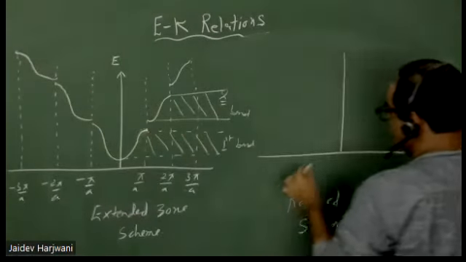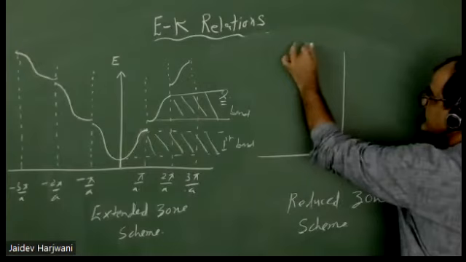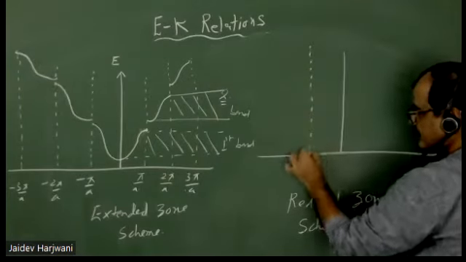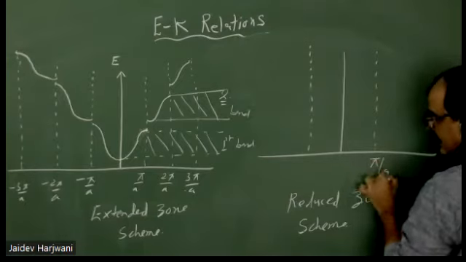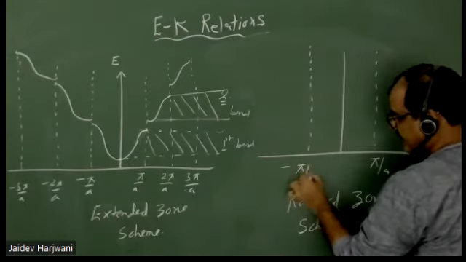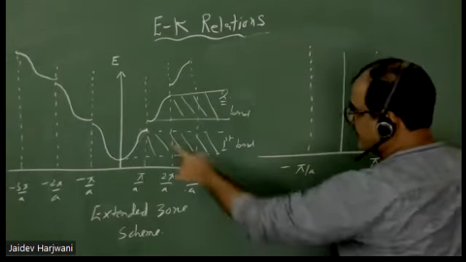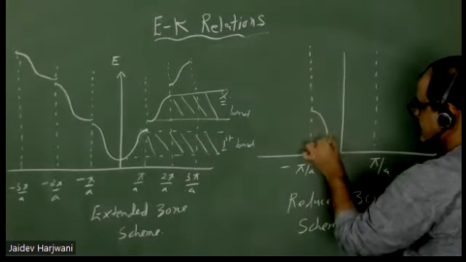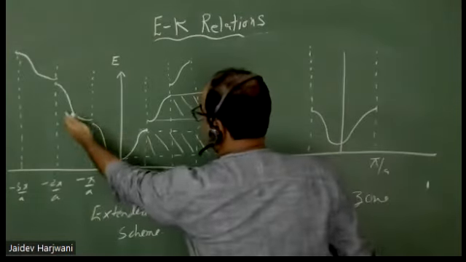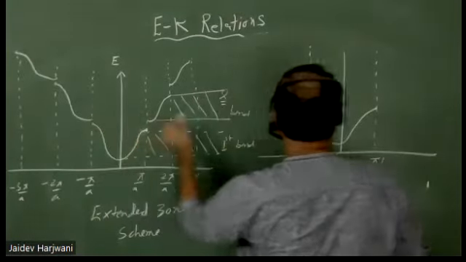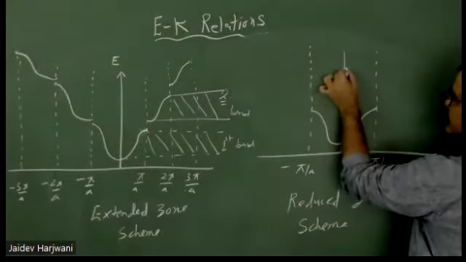So what will happen, I have my scheme here. I have π/a and minus π/a. Now I have the first band. If I translate this curve inside the first zone, it will become like this.